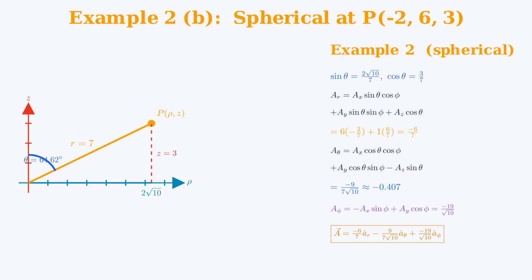That is minus 18 plus 9 all over 7 root 10 equals minus 9 over 7 root 10, about minus 0.41. A phi equals minus Ax sine phi plus Ay cosine phi. Notice this is exactly the same expression we had in cylindrical, so A phi is the same, minus 19 over root 10, about minus 6.01.